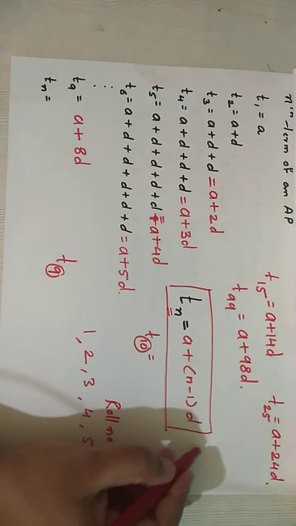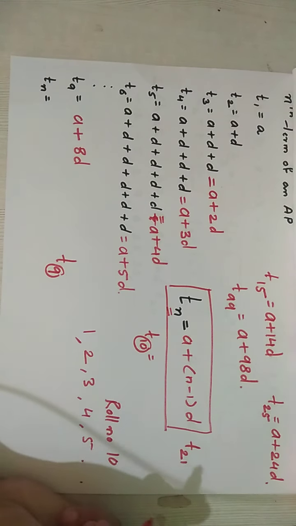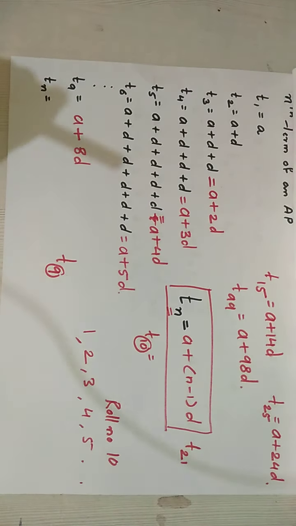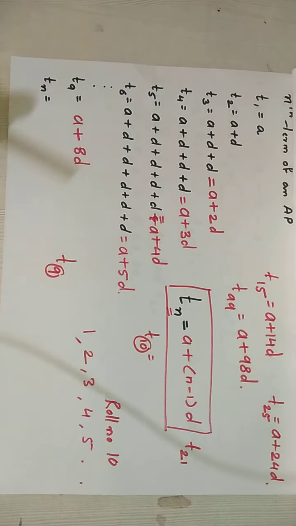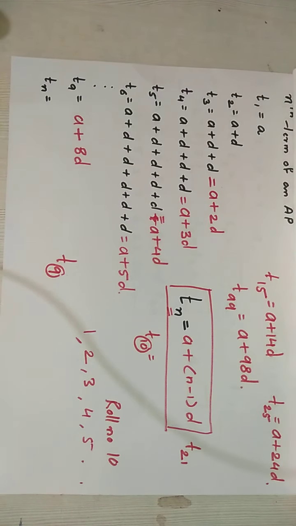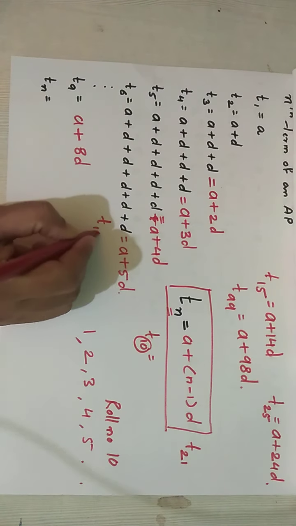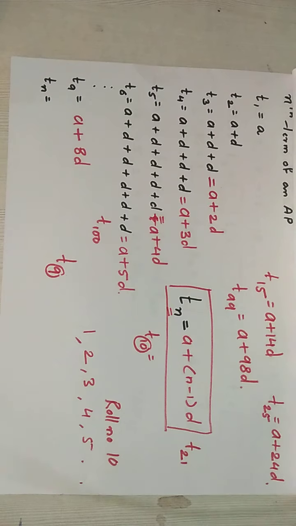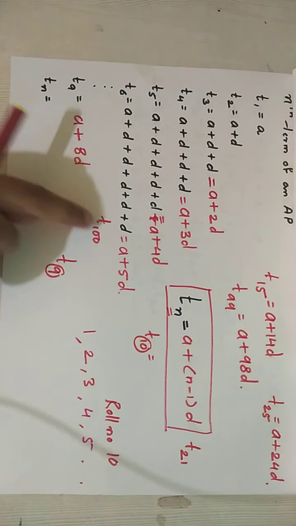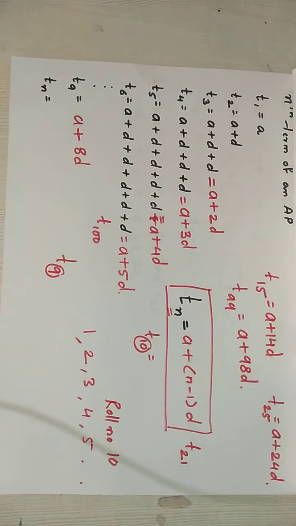If I am talking about T21, that means I am talking about the number which is standing on the 21st position in the arithmetic progression. If I am talking about T100, that means I am talking about the number standing on the 100th position in the arithmetic progression.